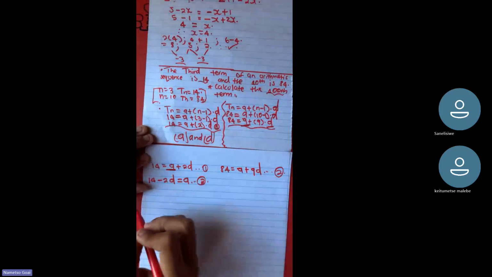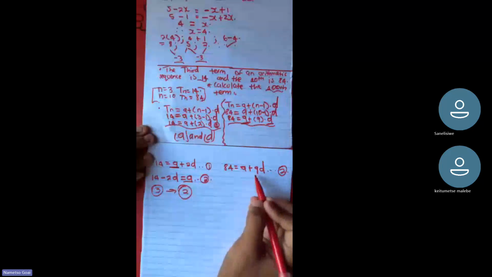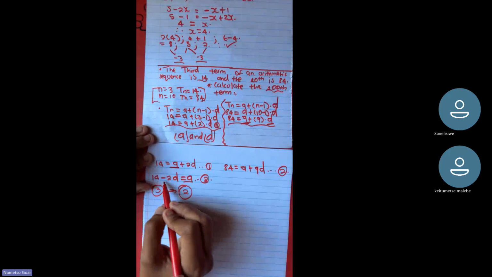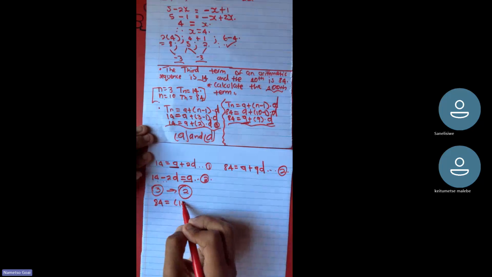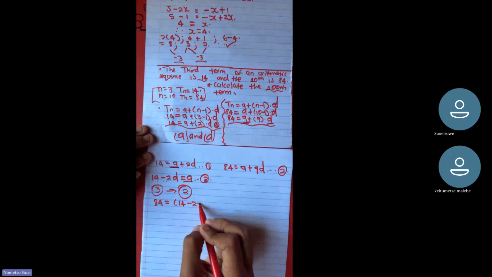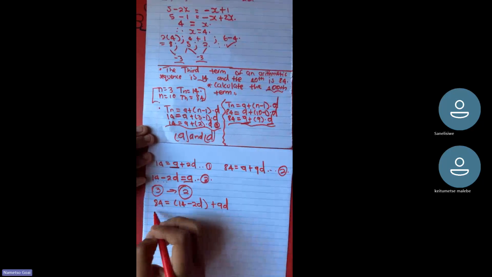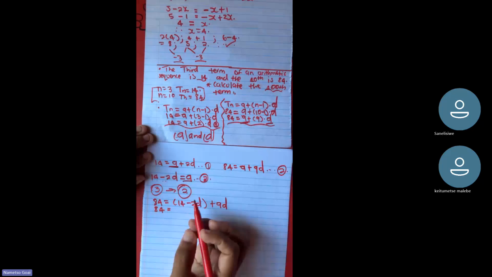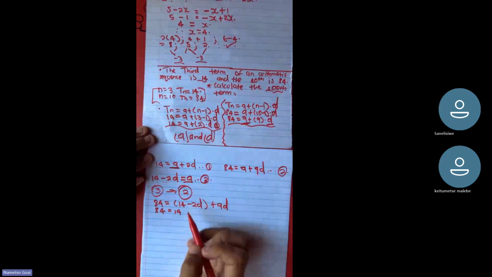So now you're going to take your third equation and substitute it into your second equation, right? So wherever you see A in the second equation, you write 14 minus 2d. So you're going to have 84 equals 14 minus 2d plus 9d.